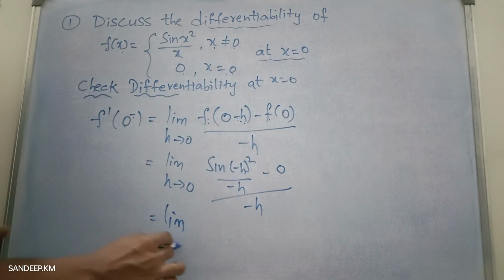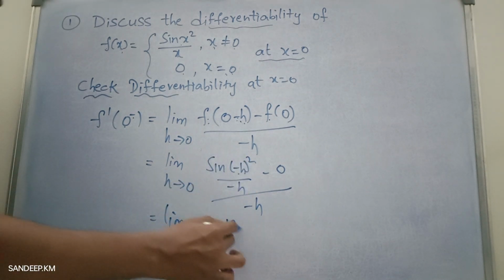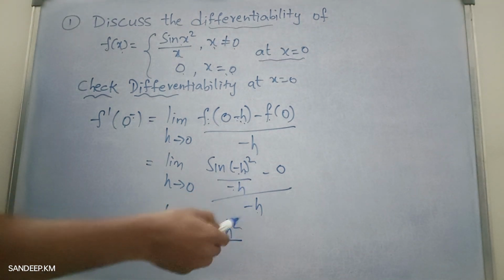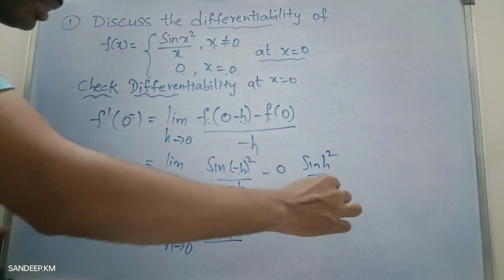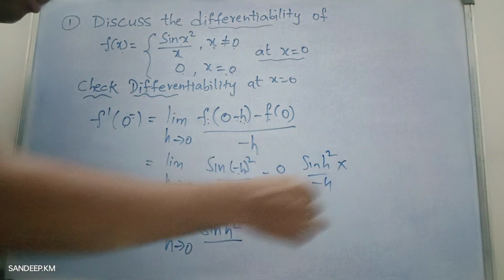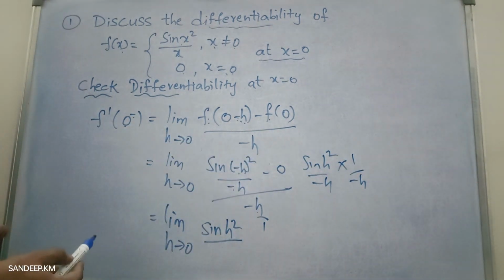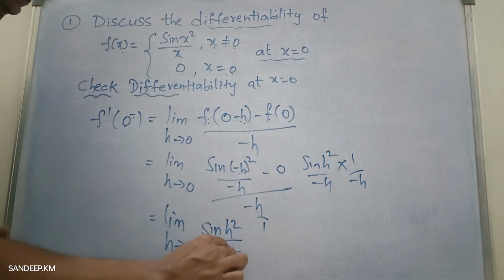Limit h approaches 0, sine of minus h whole square is sine h square divided by minus h, divided by minus h. When division becomes multiplication, minus h by 1 will become 1 by minus h. So what do we get in the denominator? Minus h into minus h, we will get h square.